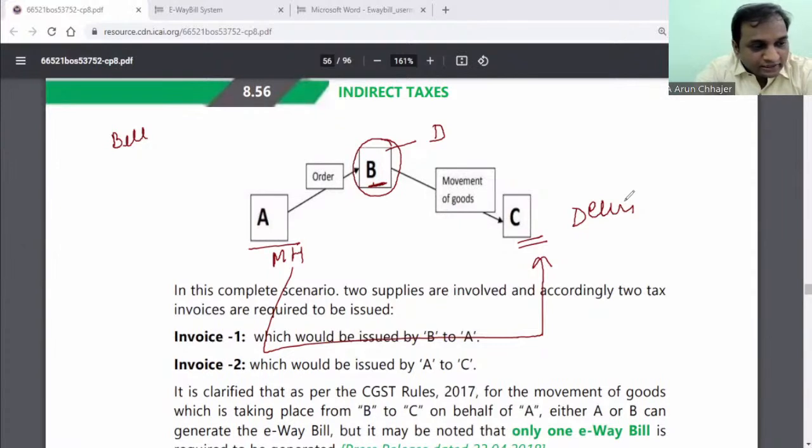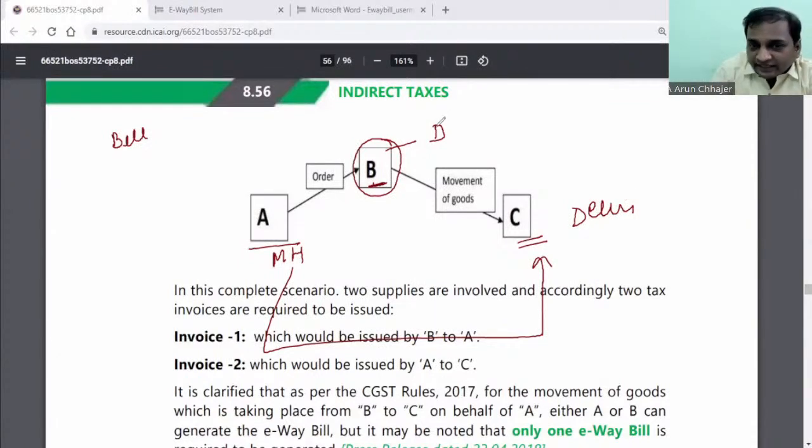Sunil Dubey, absolutely correct. Handicraft goods are not required to register until and unless he crosses the threshold limit of 20 lakh or 10 lakh. Both parties cannot generate because on one document only one party can use. Once it is used, another party cannot use the same document number.